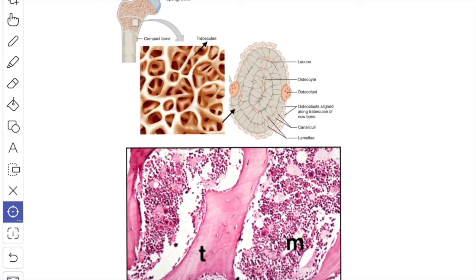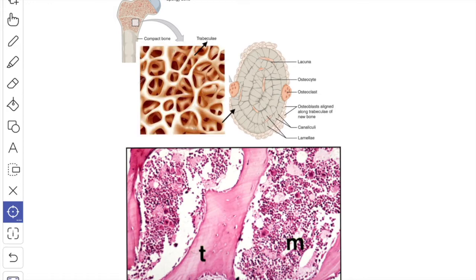The clinical correlation related to the woven bone is Paget's disease of the bone, or osteitis deformans. Abnormal persistence of woven bone is a feature of Paget's disease. It was first described by Sir James Paget in 1877.